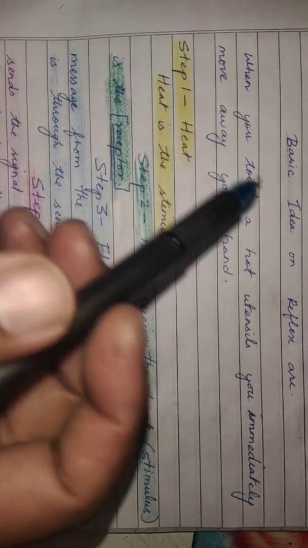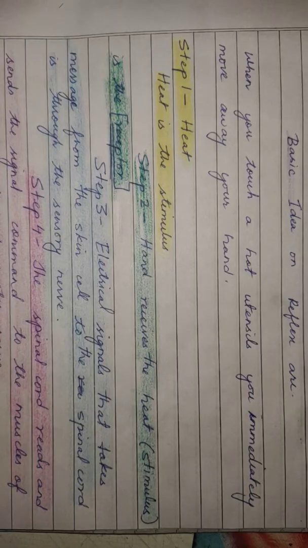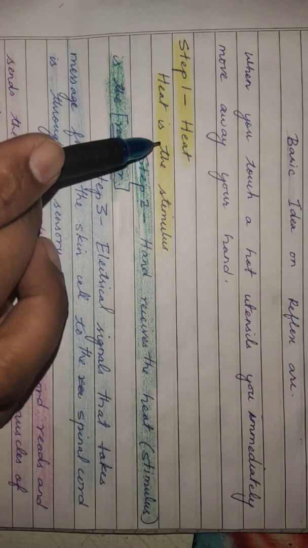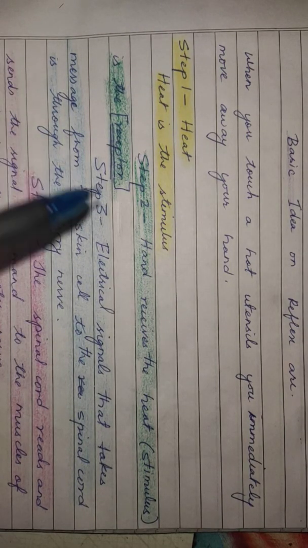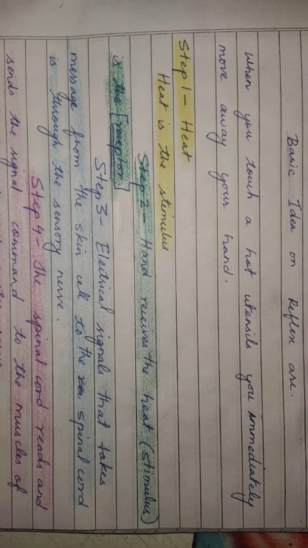So let us understand the basic idea of reflex arc. We have already come to know, once we touch a hot utensil, we immediately move away our hand. So, step 1, heat is the stimulus. The hand receives the heat, it is the receptor.